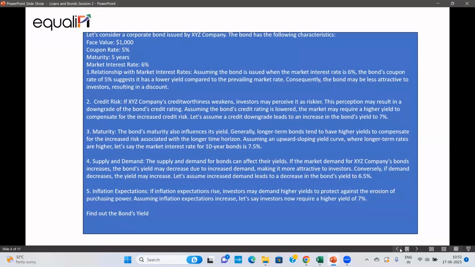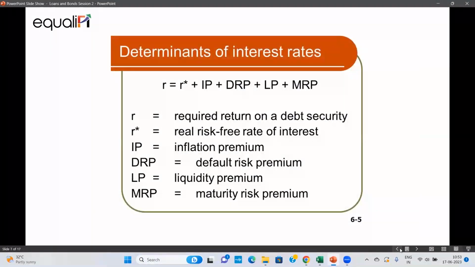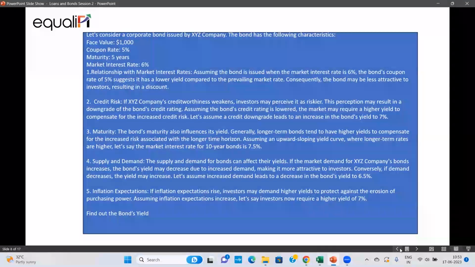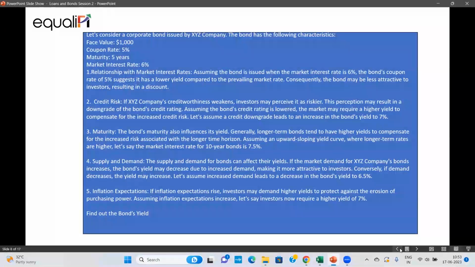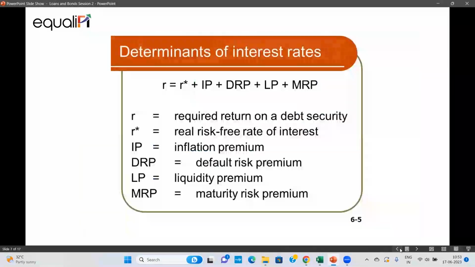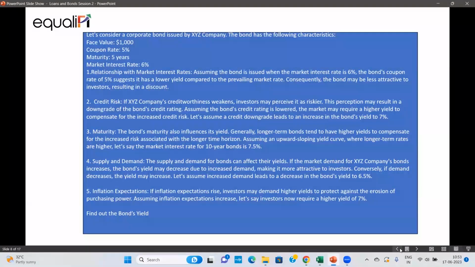So here is a difference between what we call supply demand risk, right? Then it is inflation. So liquidity premium, default risk premium, maturity risk premium we have considered.